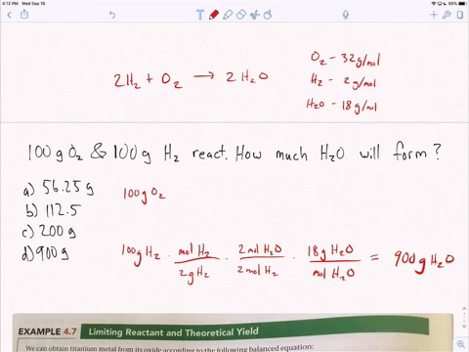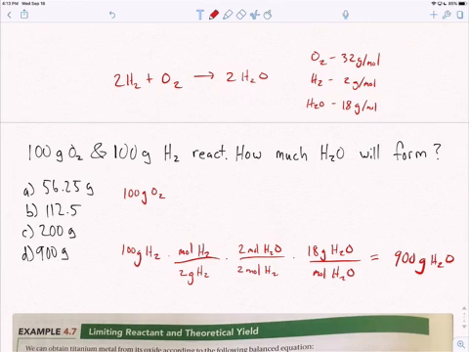And then it's 2 grams H2 because that's hydrogen's atomic mass times 2. Because you're going from moles to moles water. So for oxygen, it's going to be 1 to 2.